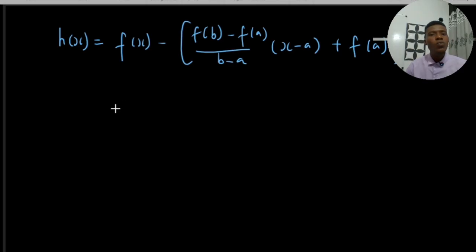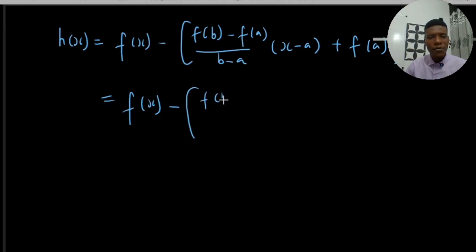Now, what we need to do, I want to introduce h prime of x. And how do I get that? I need to differentiate h of x to get h prime of x. How do I differentiate that? Follow this step. This is equivalent to this. F of b minus f of a over b minus a.